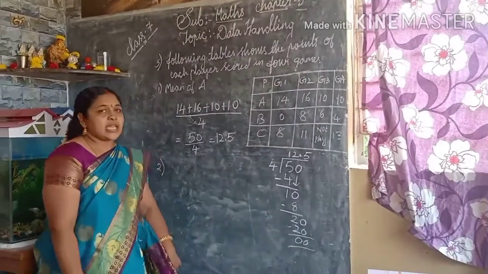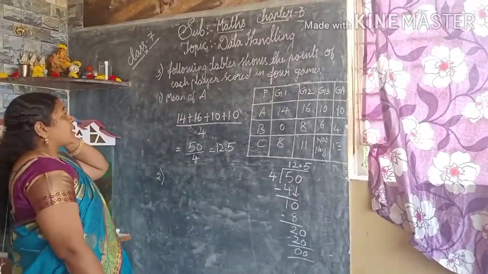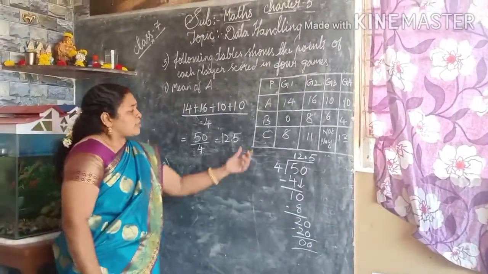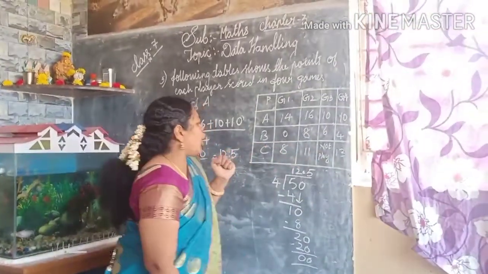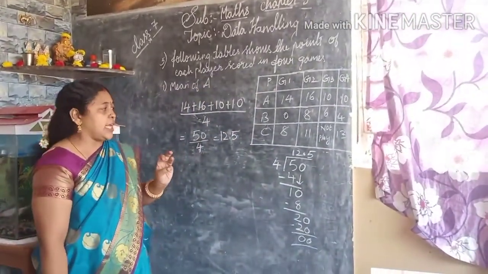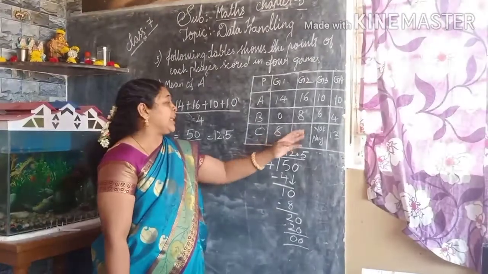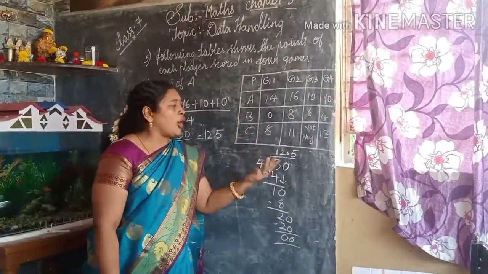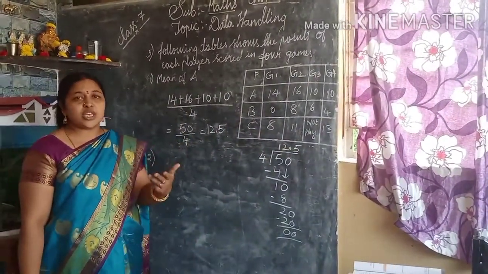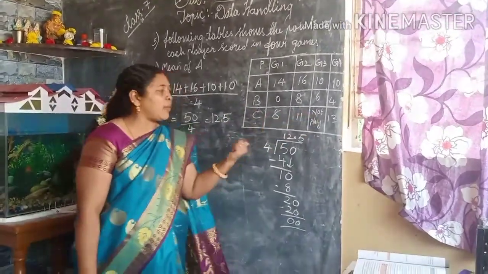12.5. Our second question is, they have asked us to find the mean of C. To find the mean of C, should the total be divided by 3 or by 4? What do you think, children? Should it be divided by 3 or should it be divided by 4?